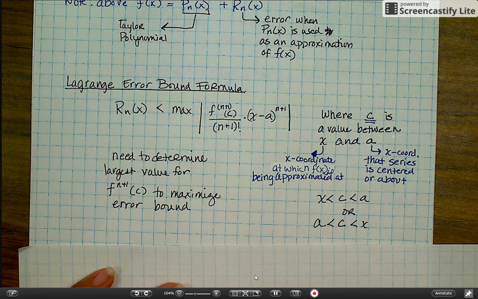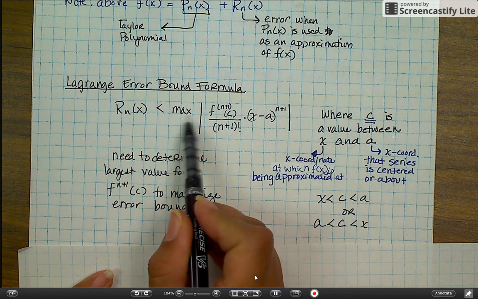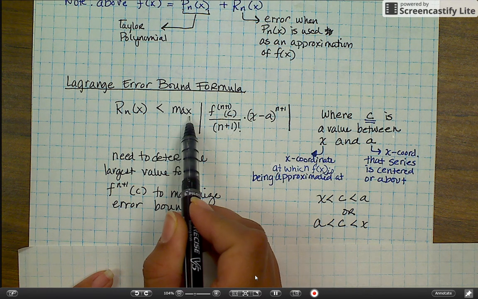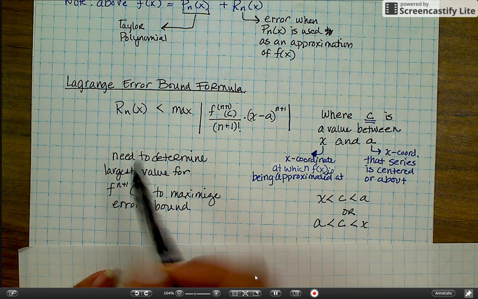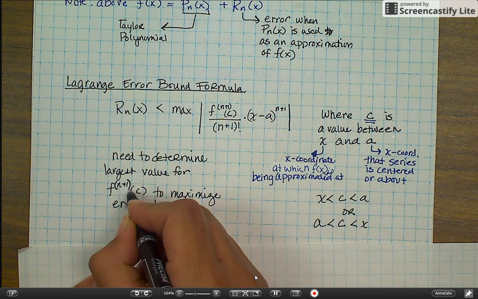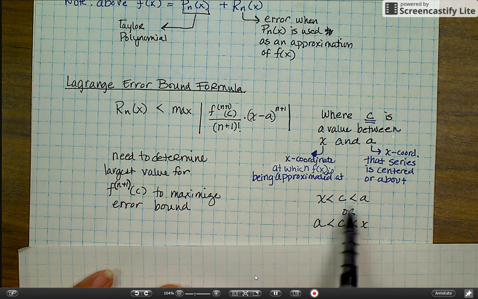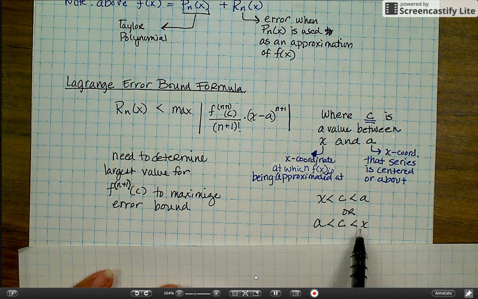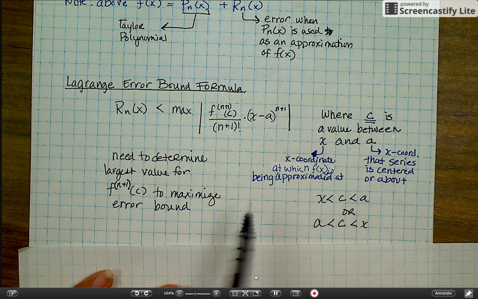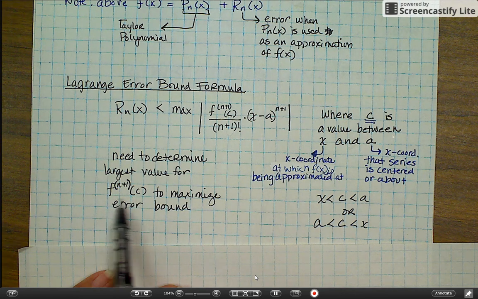Now, how do we get this maximum? This maximum is determined by looking at the n plus 1 derivative and looking on this interval between x and a, or a to x, depending on which value is greater, and then finding out what is, now this is a y value, okay?